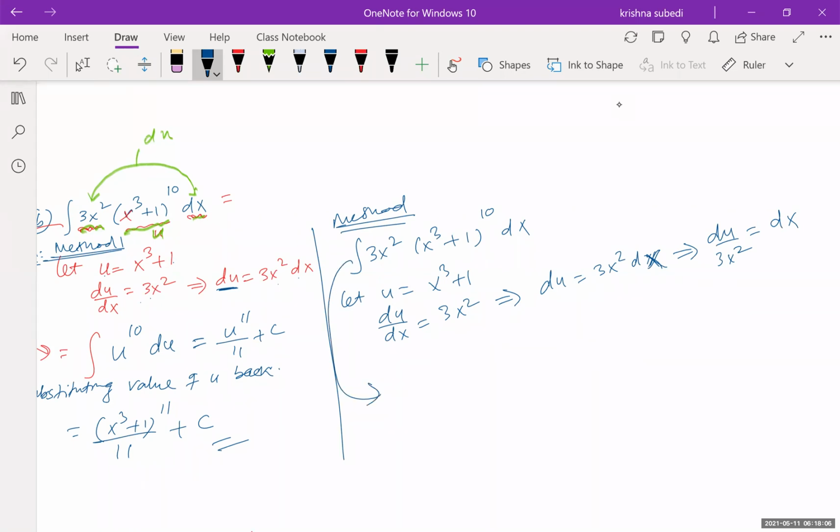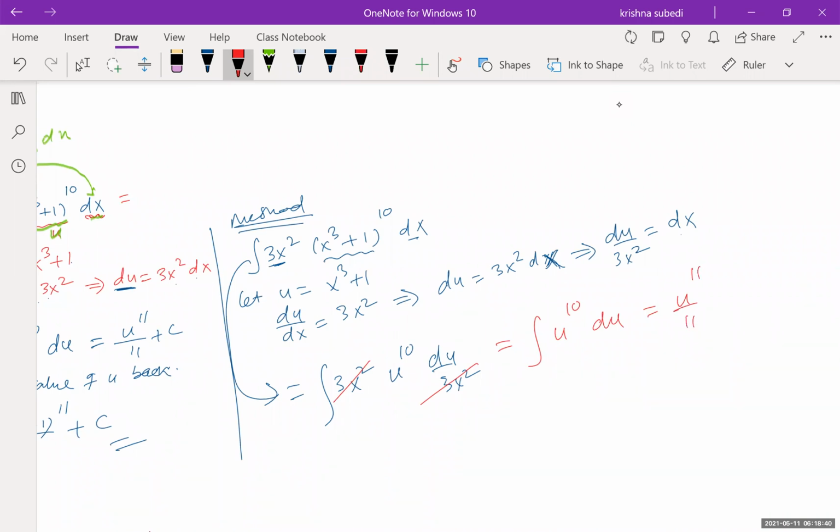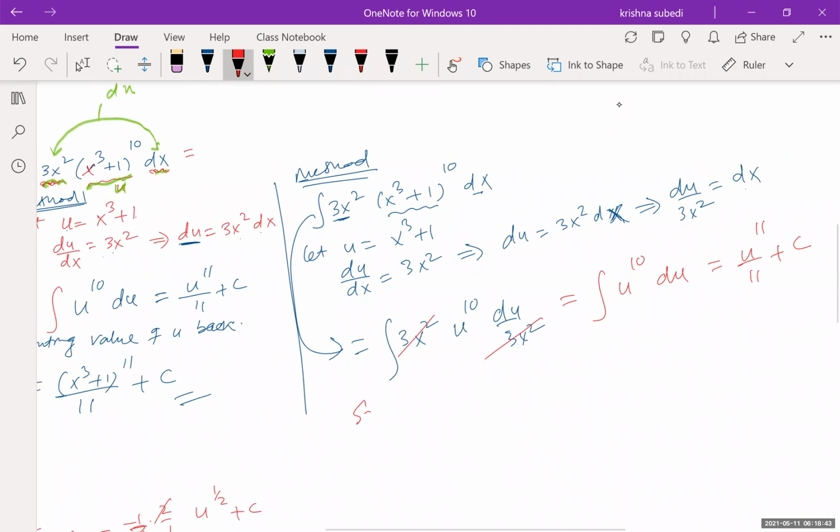Now this integral will be, just write down 3x squared, because there is no nice form to replace this with u. I just copy it as it is, and this one is u raised to power 10. dx means du over 3x squared, okay? And this one and this one will cancel, so that you are left with u raised to power 10 du, and so this means u to the 11 over 11 plus c.